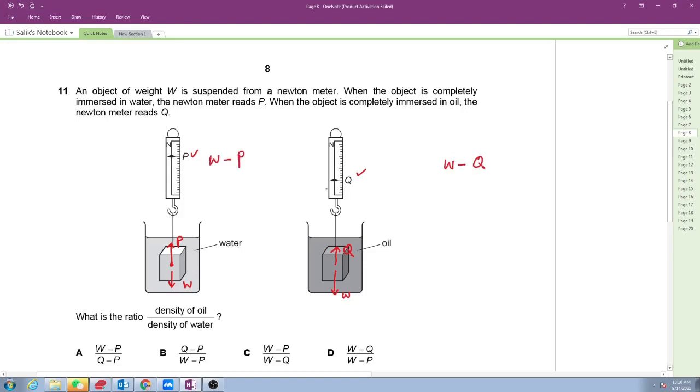Now for the mass of water displaced, mass times g equals W minus P. Similarly, mass times g equals W minus Q.